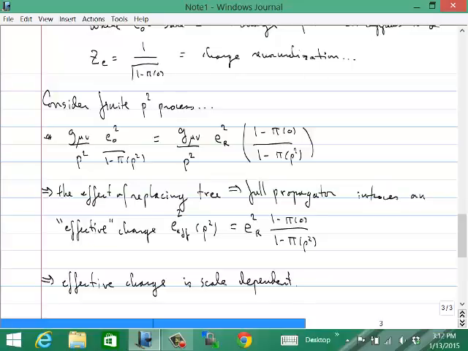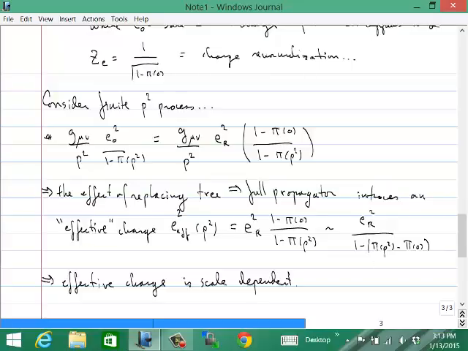Now, let me just make one other comment here, which is that because Π is formally a small quantity, because it's zero at leading order in perturbation theory, you could also rewrite this at leading order as 1 minus Π of p squared minus Π of 0 plus higher order terms.